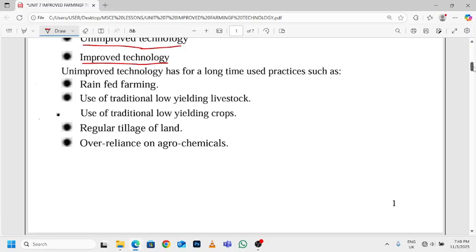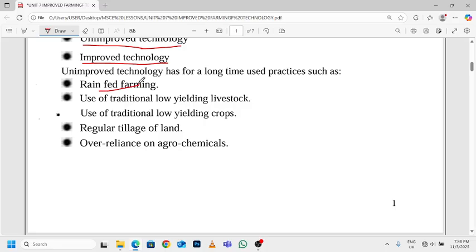So the word unimproved, okay, it means these are the technologies that we have been using since the past, or it's like the old technologies, the local technologies that we have been using. So some of these technologies, first of all, is rain-fed farming.